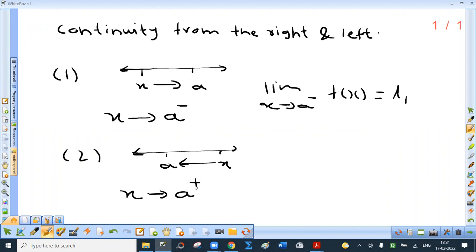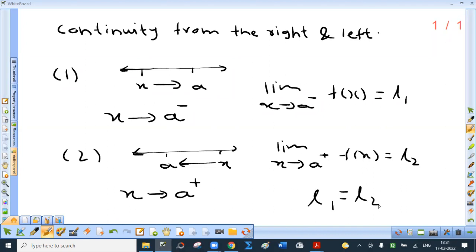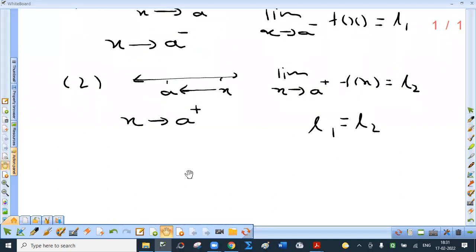If as x tends to a from the right, f(x) approaches a number L2, then we say that L2 is the right-hand limit of the function, and we denote it as limit x tends to a plus f(x) equal to L2. Clearly, limit of a function exists if and only if L1 is same as L2.